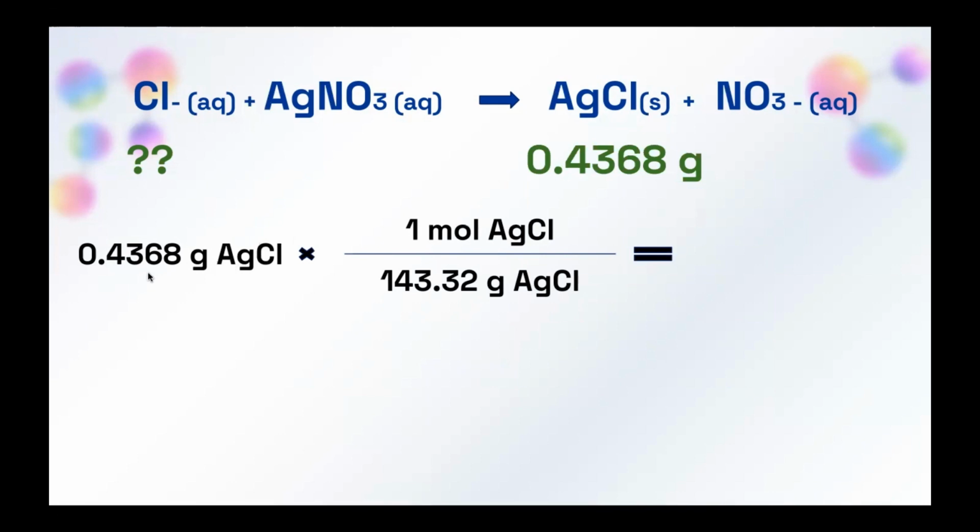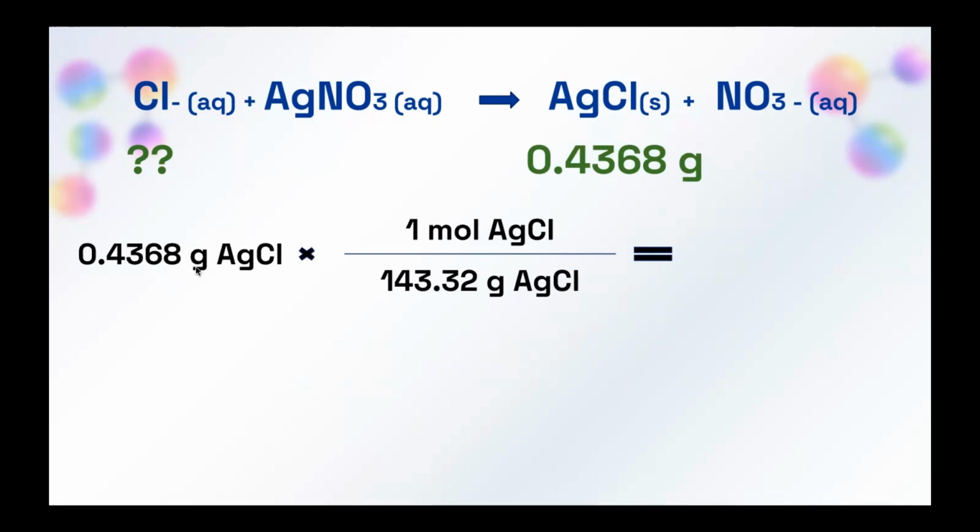So here's the stoichiometry. 0.4368 grams of silver chloride times 1 mole of silver chloride over 143.32 grams of silver chloride. So where did I get the 143.32? Where do you think? The 143.32 grams is from the molar mass of the silver chloride.